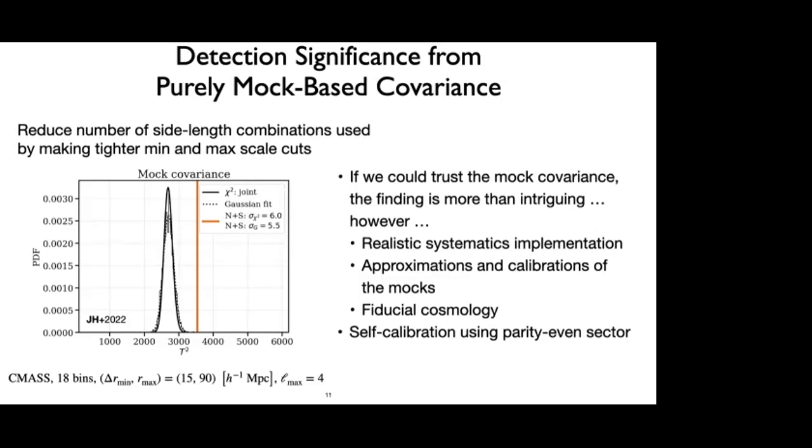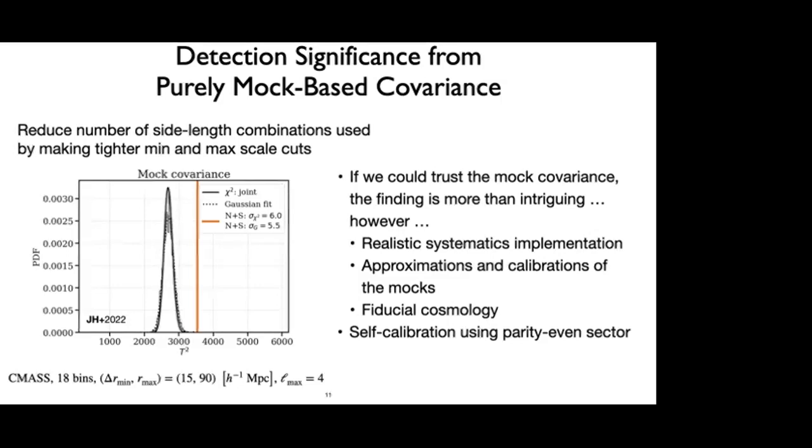But one thing we could do is to use the parity-even sector as a self-calibration. Since the systematics-induced fluctuations reflect essentially at the density level, it is not so bad to assume that if there are such systematics, they are likely to induce variance equally for the parity-even and also for the odd sector.